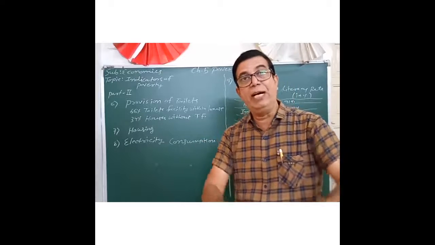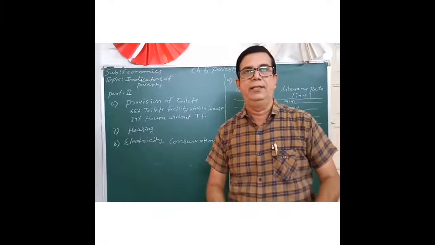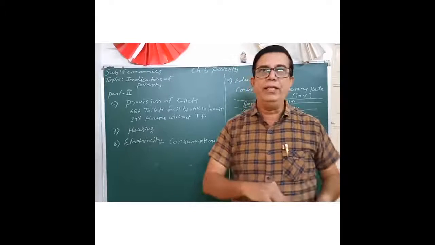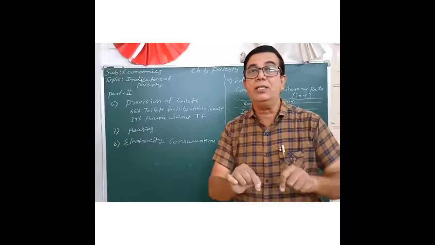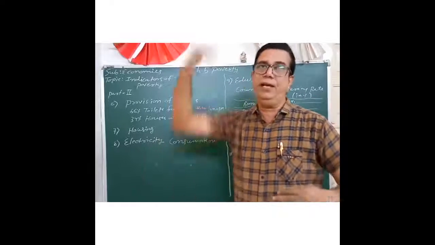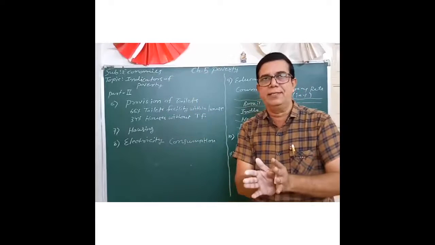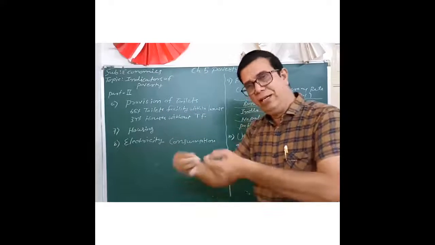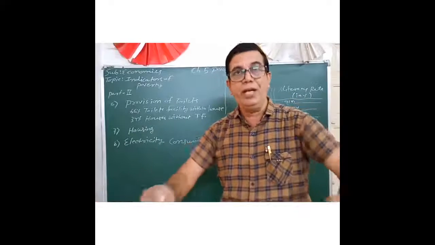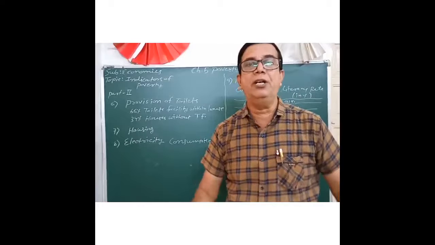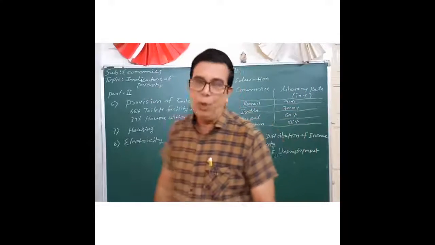Even in developed states like Gujarat, Maharashtra, Tamil Nadu, Delhi, there is the problem of electricity, because the demand is very high, but on the other side the production is less. So in developing states like Gujarat, in some villages there is still no connection of electricity. So this is an indicator of poverty.